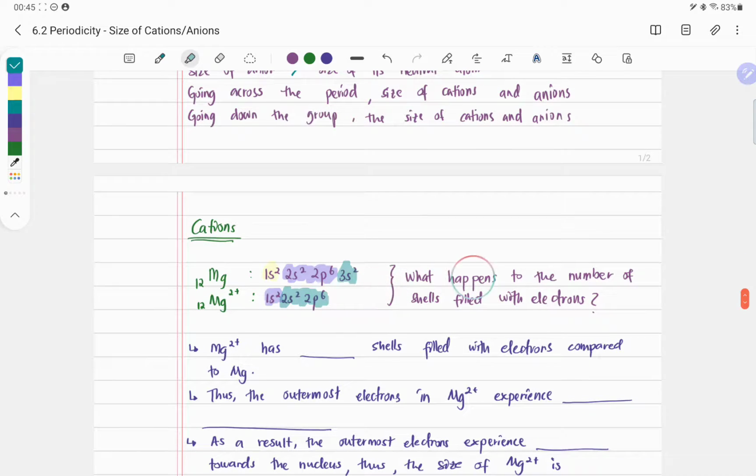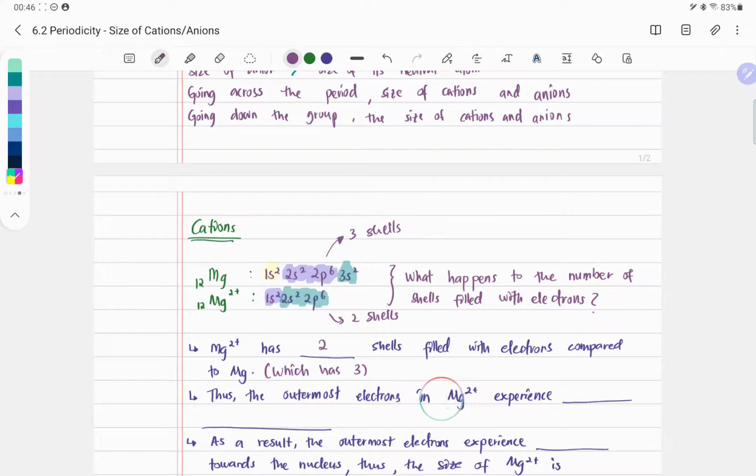Okay, so when we look at the number of shells between atom and its cation, number of shells dia berkurangan, daripada 3 shells, 2 shells. Okay, so magnesium ion has 2 shells filled with electrons compared to magnesium, which has 3.